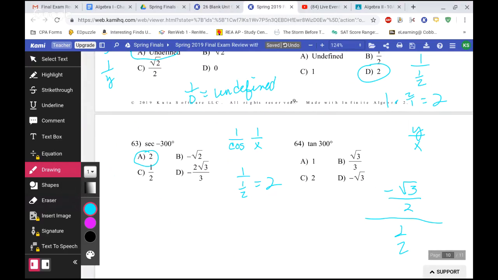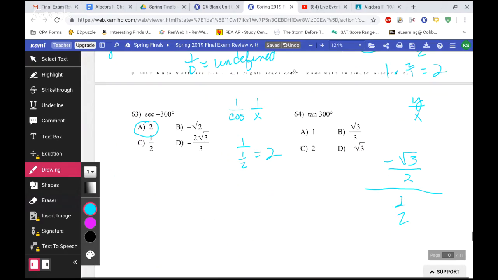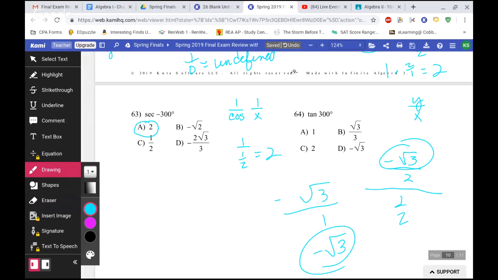And remember, when you have complex fractions divided, all you have to do is pay attention to the numerators of each of the complex fractions, because the denominators would just cancel. So you would have -√3 over 1, which then reduces to negative √3, which is d. So tan 300 equals -√3.